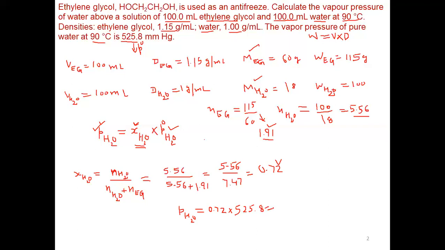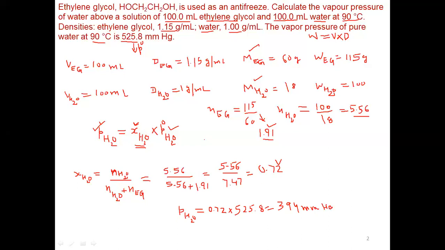Upon solving, it will give you a value something like 394, approximate, 394 mm units. We have to always keep the units mm Hg.